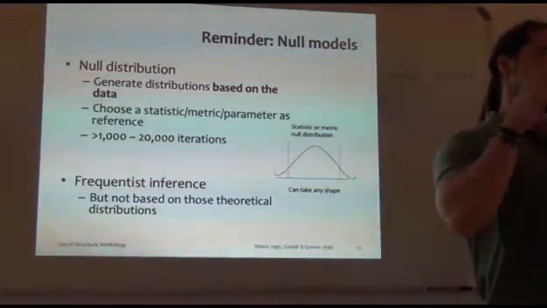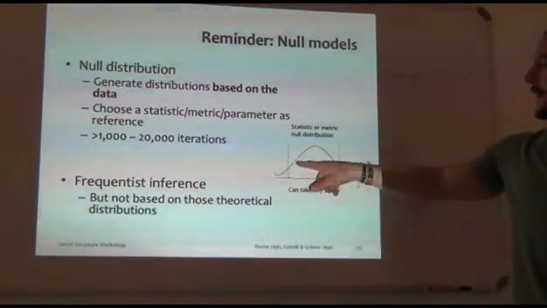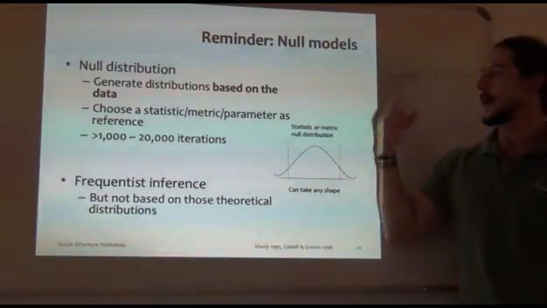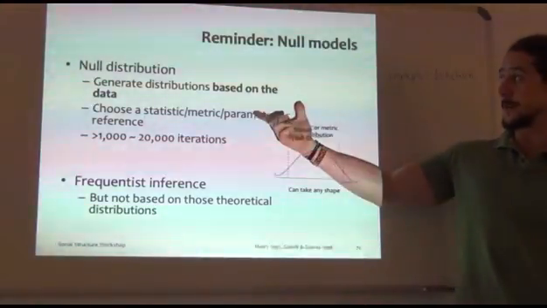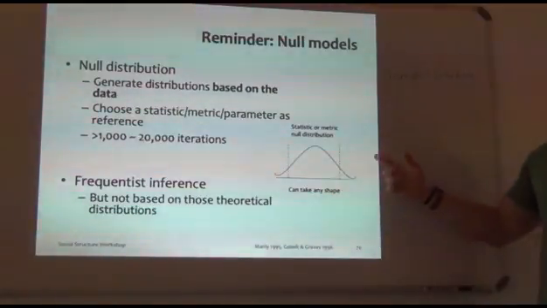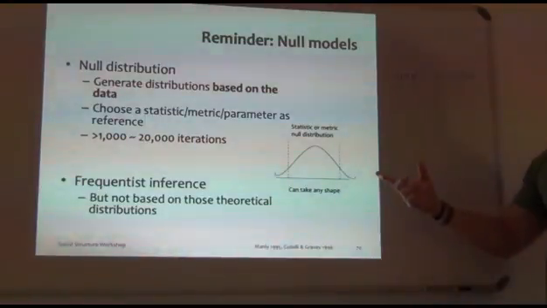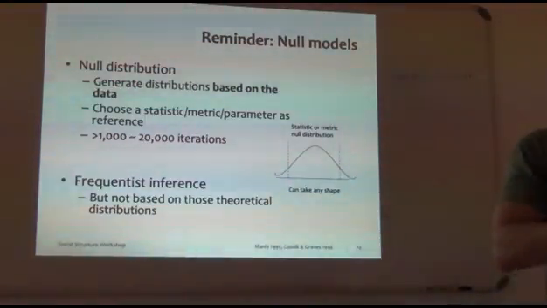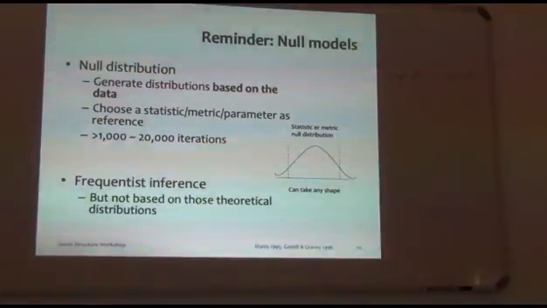And do this at least 1,000 times. You have the null distribution, and then we compare our observed metric value to the null distribution and see, out of 1,000 random values, the proportion of those random values that are greater or smaller than the one we observed.